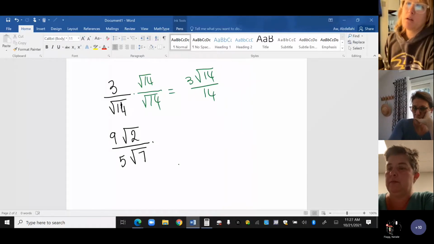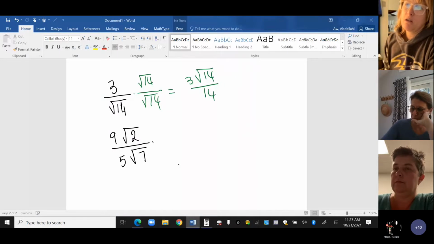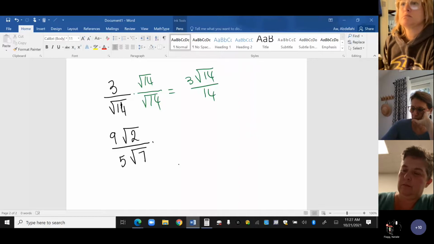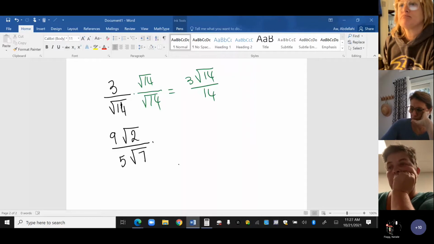Square root of 7. I almost don't care about the square root of 2. What I have to do is solely motivated by the square root of 7, because I want to remove the square root over the 7.